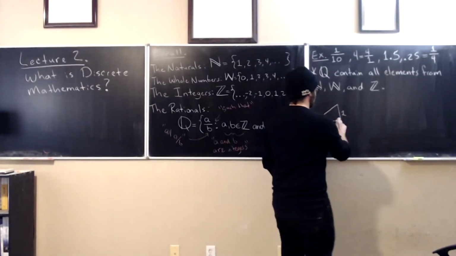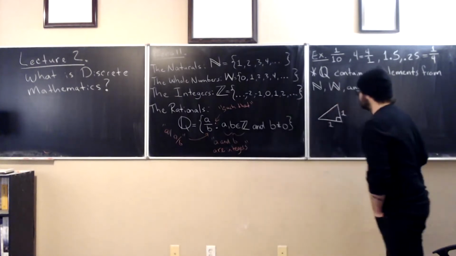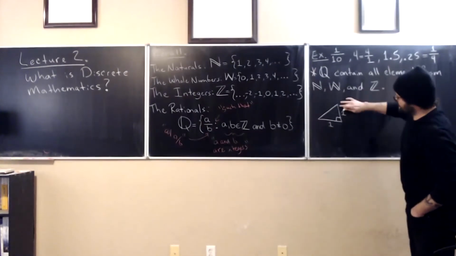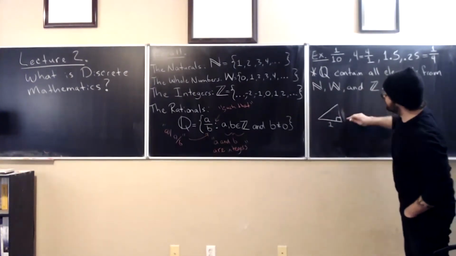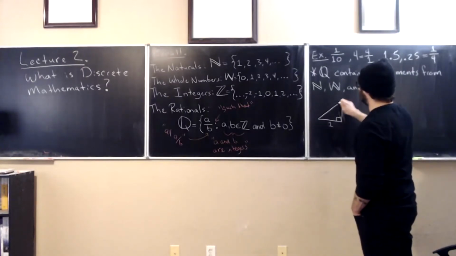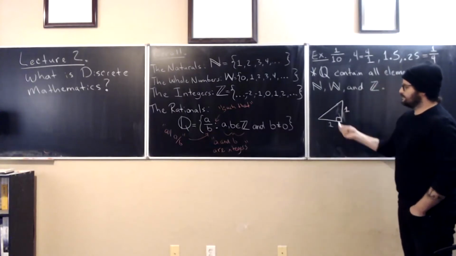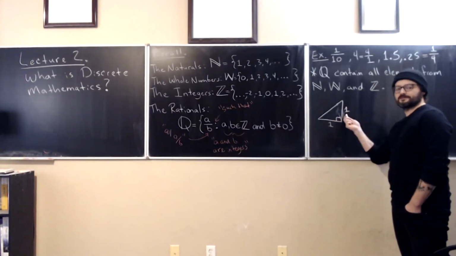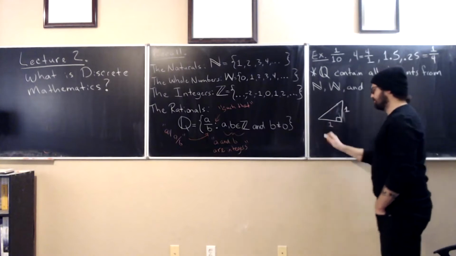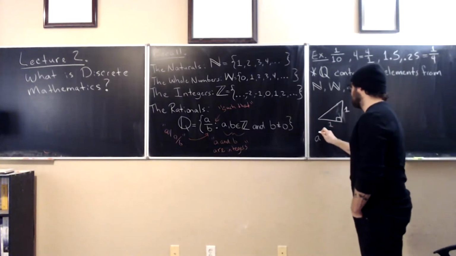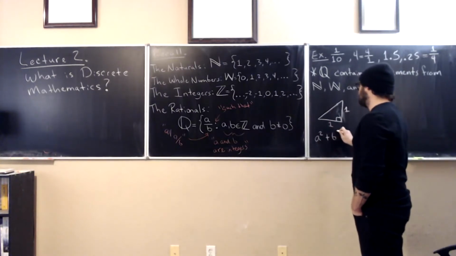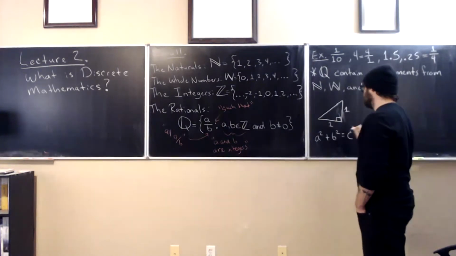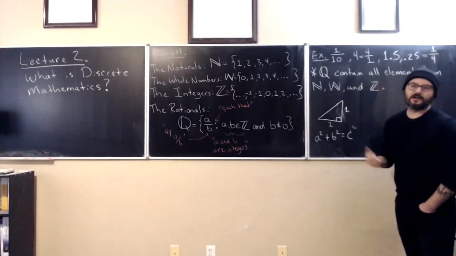You should recall from simple geometry, the famous formula a squared plus b squared is equal to c squared, the Pythagorean theorem.